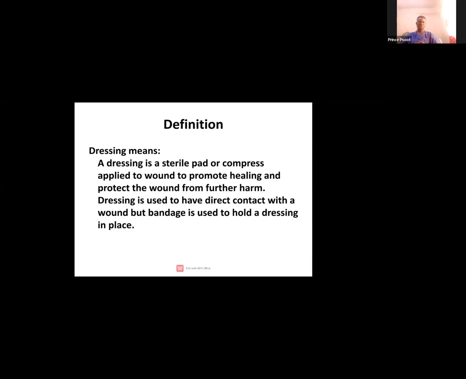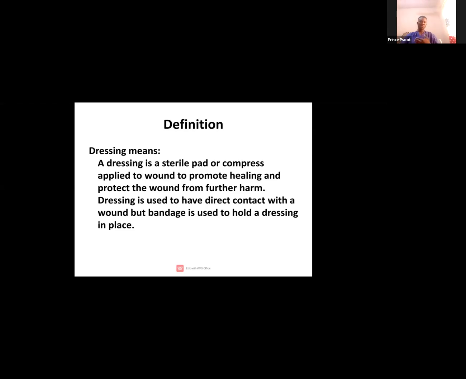So now let's define what dressing is. Now, dressing, from the word dress, we know that to dress is to put on clothes to cover the body's nakedness. Now, I'm going somewhere. When we are trying to dress a wound, it means we are trying to cover the wound. Imagine the wound is naked. Now we are trying to cover the wound.